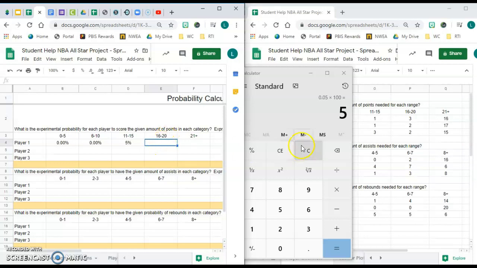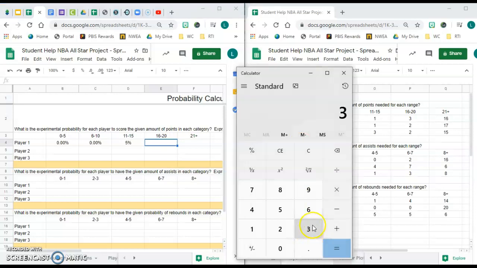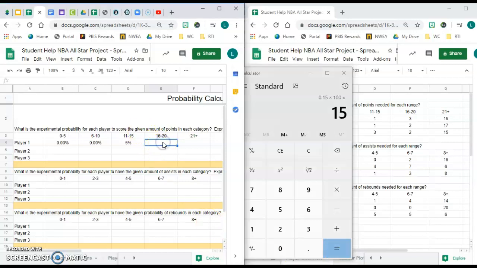Now 16 to 20. We do 3, because there's a 3 right here for LeBron, divided by 20 games times 100, and we get 15. So 15% of the time he was scoring between 16 and 20 points per game.